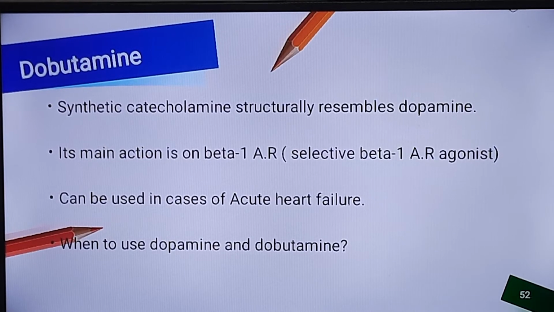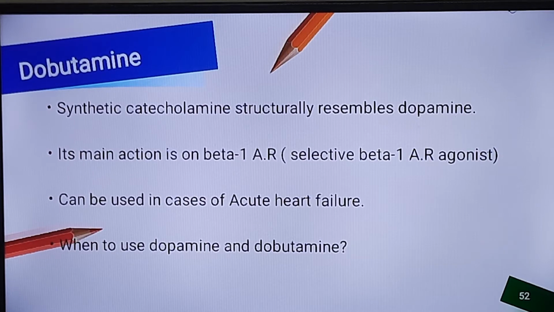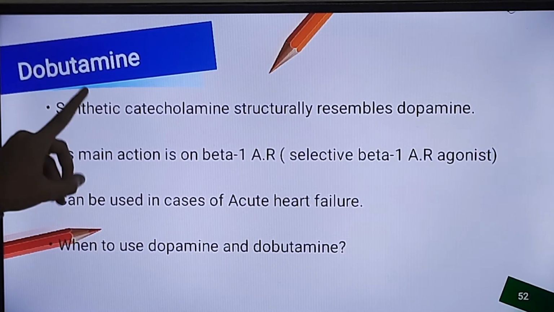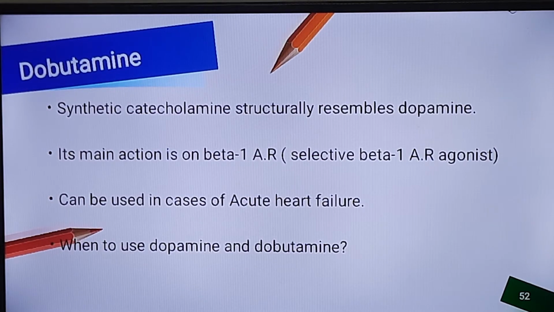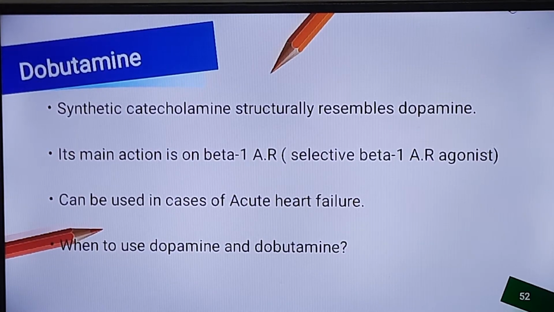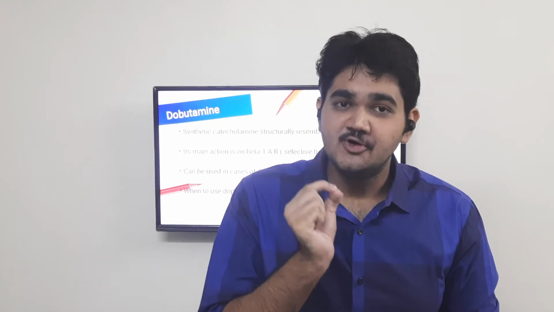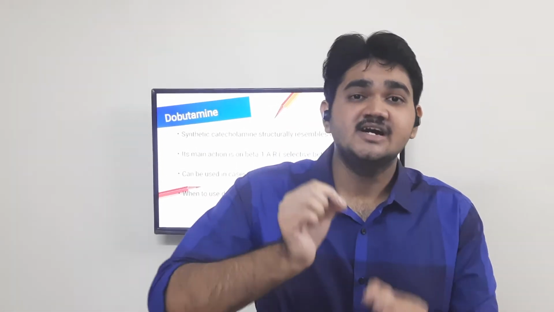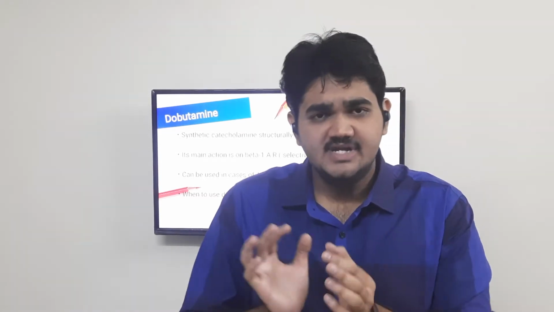Now let us meet our next drug. Our next drug is synthetic catecholamine, which structurally resembles dopamine, and the name of this drug is dobutamine. But remember, structurally तो dopamine को resemble करता है, but our dobutamine is not having any effect on D1 receptor.